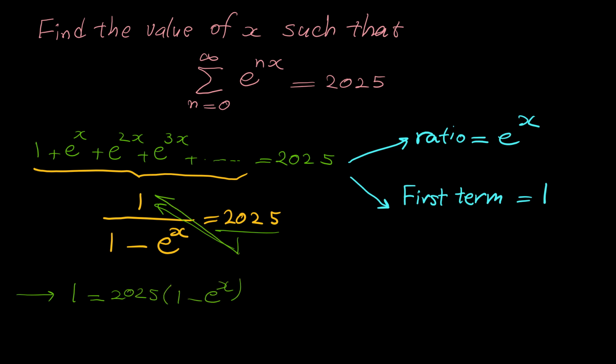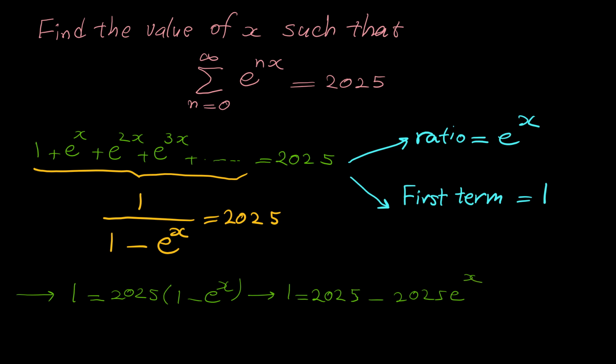We multiply denominator by numerator, denominator by numerator. Now we have to solve this equation. Multiply the 2025 in the bracket, then we have 1 equals 2025 times 1 minus 2025 times e to the x, minus 2025 e to the x.